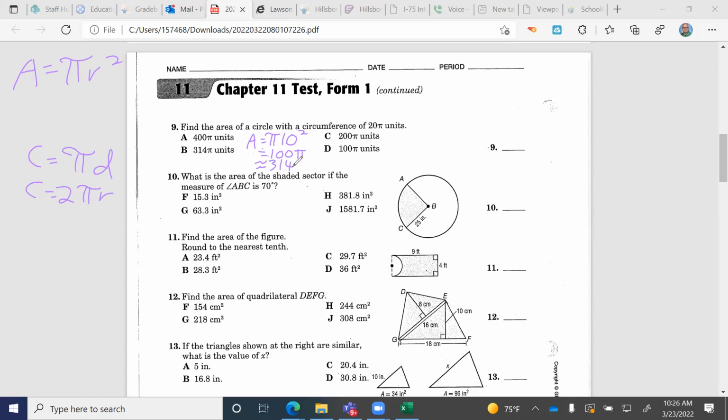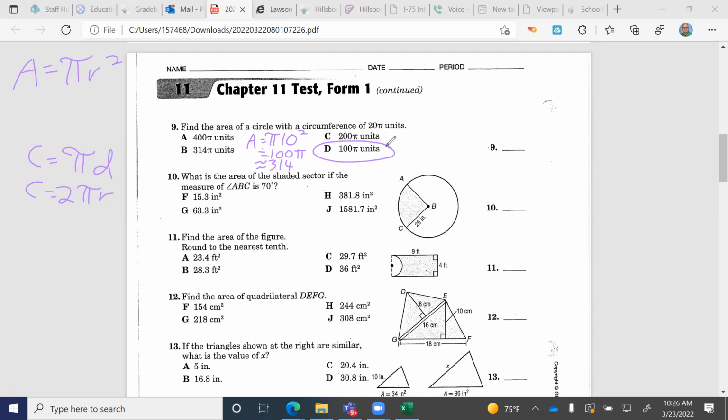What's our answer? A, B, C, or D? Which one? B? Now, it didn't say whether to leave your answer in terms of pi or round, but if you look at all the answer choices, it left pi on.